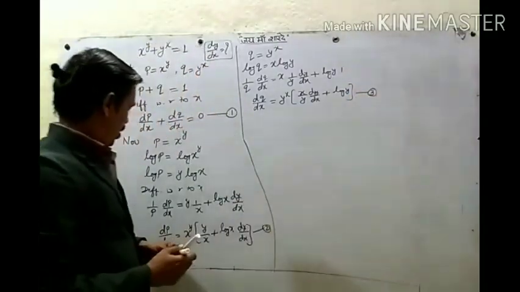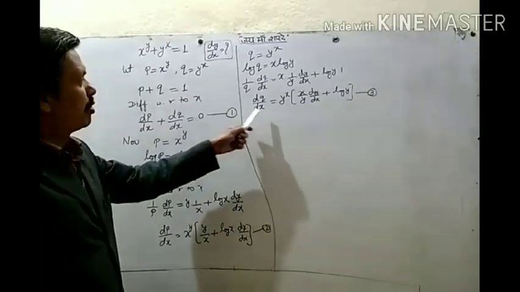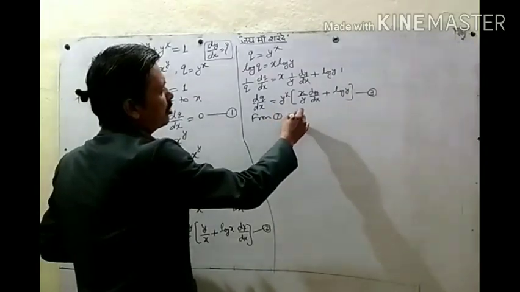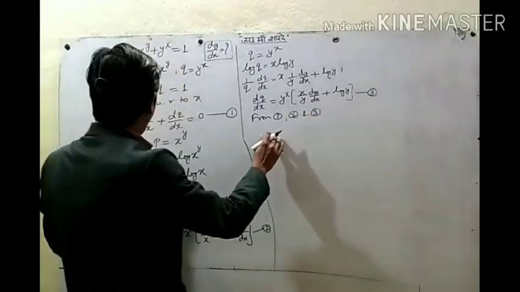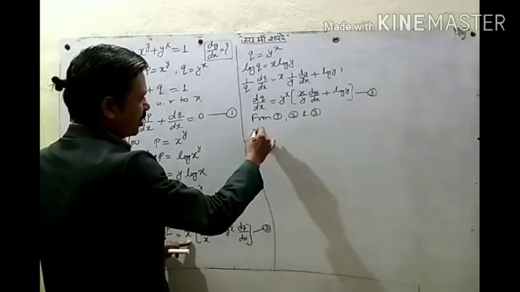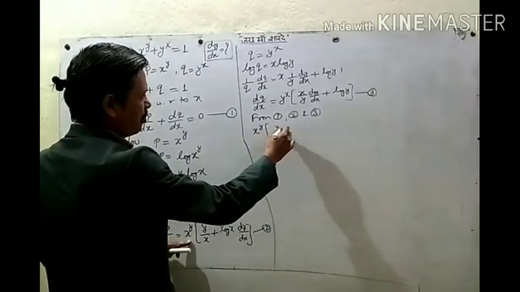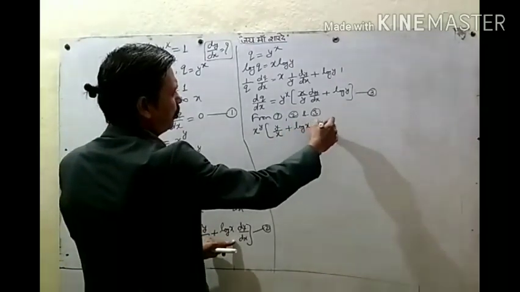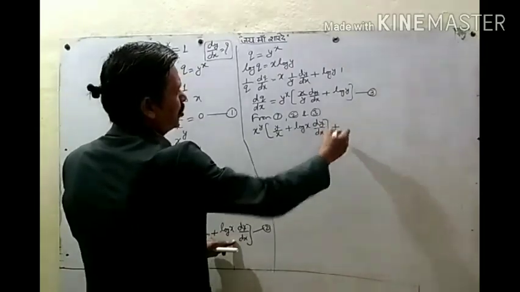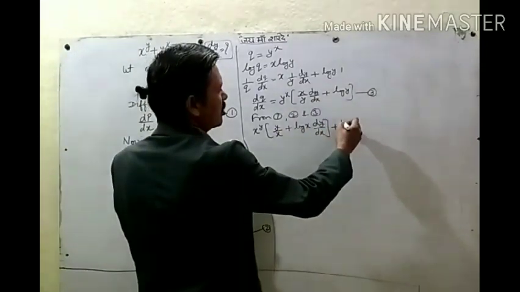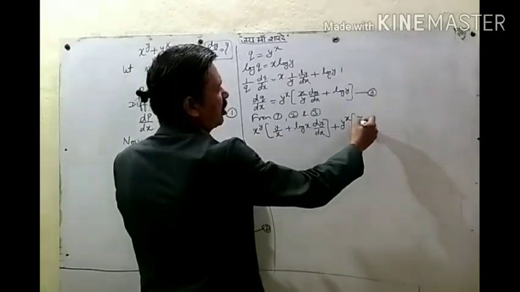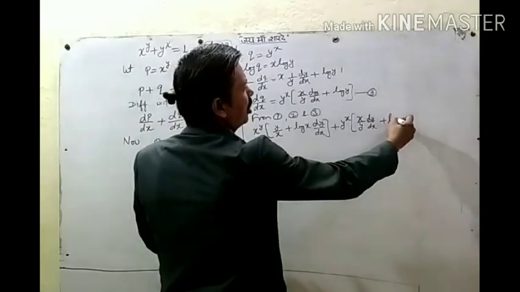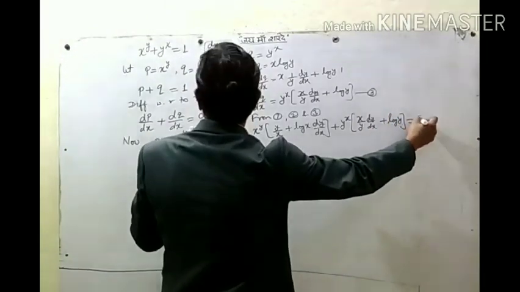Now these values of dp by dx and dq by dx we put in the first equation. So from 1, 2 and 3, what we get, dp by dx is x to the power y into y upon x plus log x into dy by dx, plus dq by dx, which is y to the power x into x upon y dy by dx plus log y, is equal to 0.